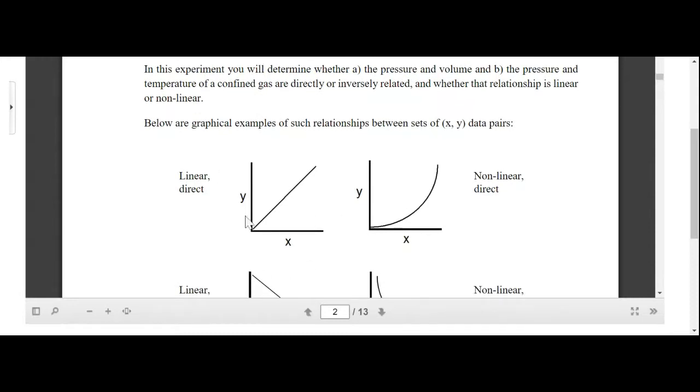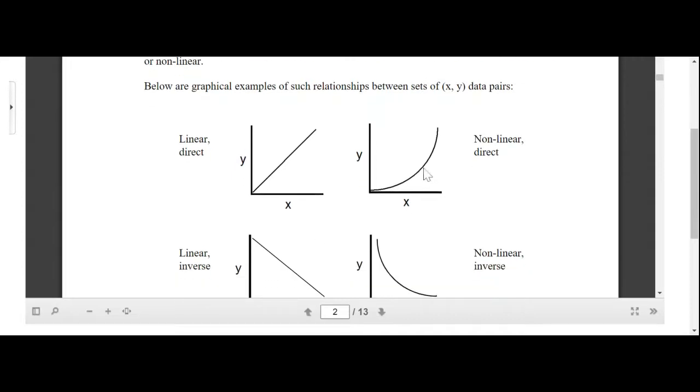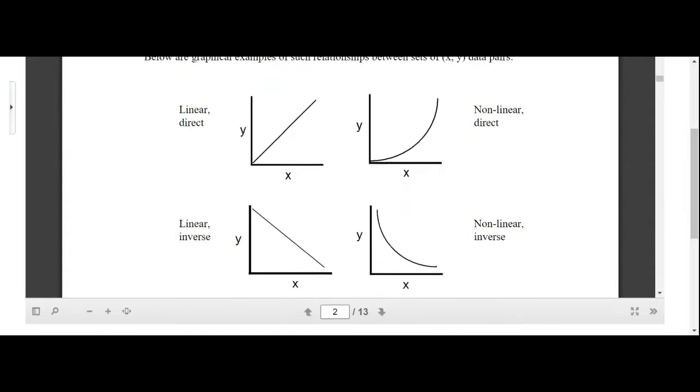When we have a linear relationship, what does it mean? It means if one goes up, the other one goes up. This is like the Gay-Lussac law. If the temperature goes up, pressure also goes up. A non-linear relationship is when you plot a graph and the shape of the graph is not linear. You can have non-linear direct, because it's increasing, which means it is direct but not linear.